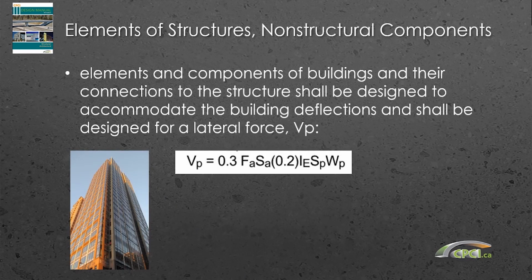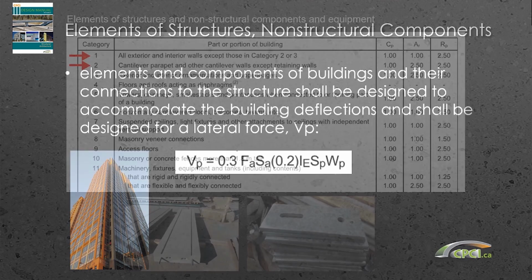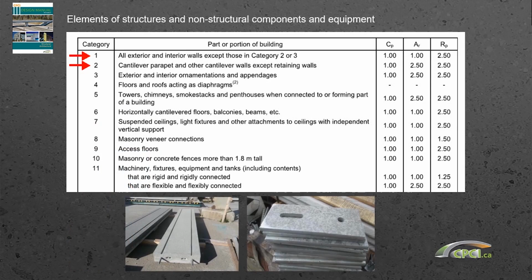And then what hasn't changed really is still for architectural cladding or elements attached to the outside of the building. This equation will look familiar for determining your seismic loads on cladding. So that's the one section that really hasn't undergone changes per se, still has sort of the same table, although they've added some more categories to it.